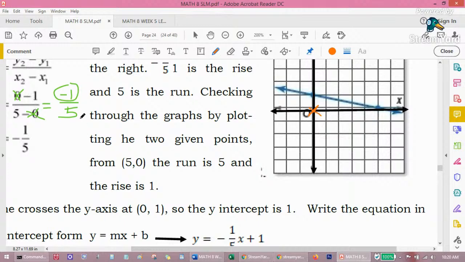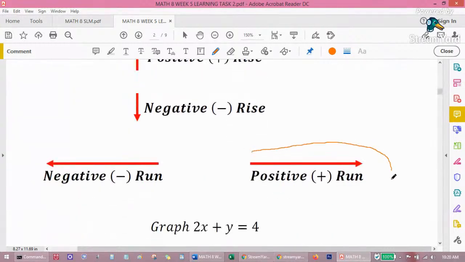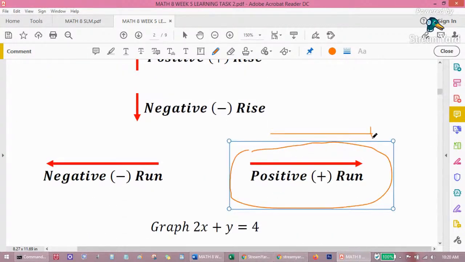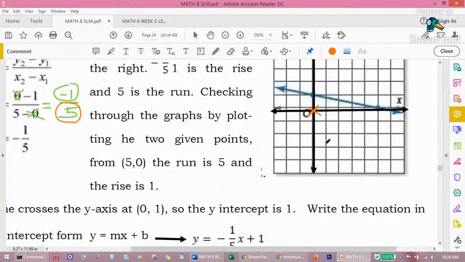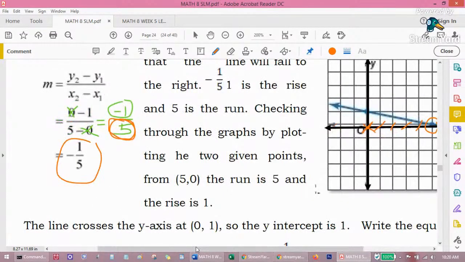Point na to. And then, ang run natin is positive 5. Kapag positive ang run, tumatakbo siya sa kanan. So, 5 units sa kanan. 1, 2, 3, 4, 5. So, that's why andun yung second point natin. Ibig sabihin, tama yung slope na na-compute natin.